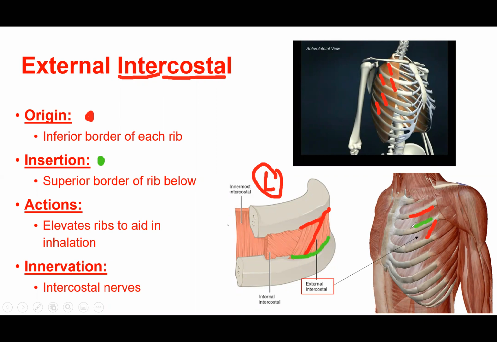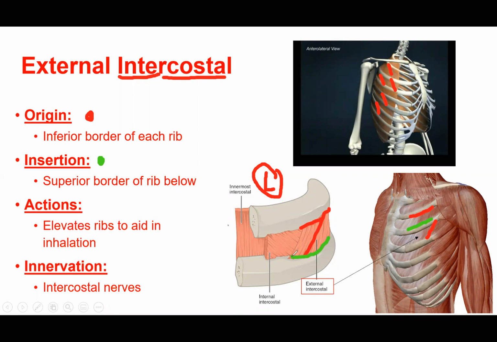As far as the action goes, the external intercostals elevate the ribs during inhalation. The origin is the part of the muscle attached to the bone that isn't moving, and the insertion is attached to the bone that is going to move.